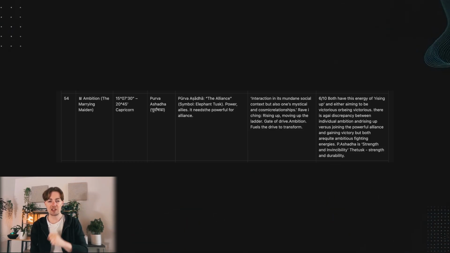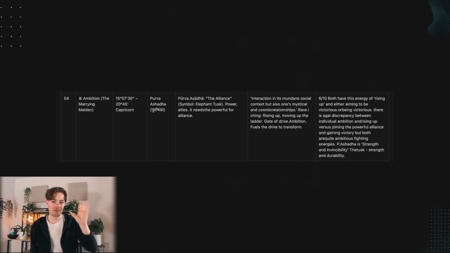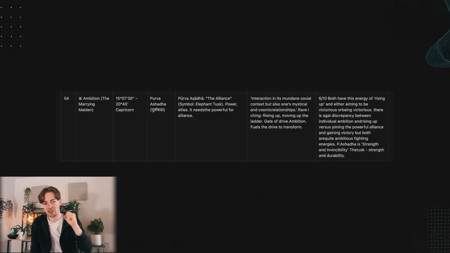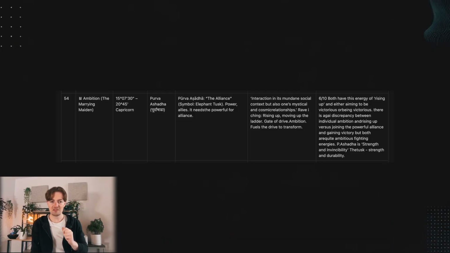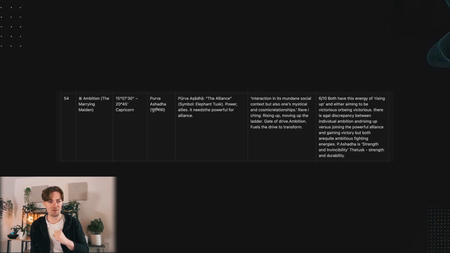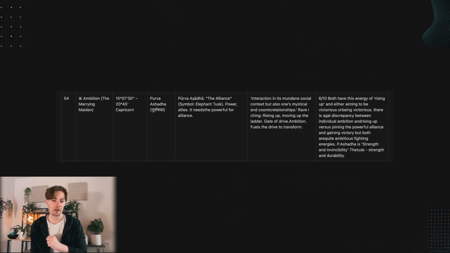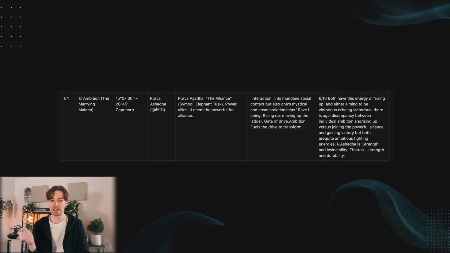So I think this is a really strong archetypal match between the I Ching, the human design gate of ambition, landing in Purva Ashada. Now, Capricorn, it's solid, it's Saturn ruled, it's an earth sign. It's associated with ambition. Capricorn is often associated with government and the corporate ladder, ruled by Saturn, that very hardworking, slightly less aggressive, but still very gritty and hardworking planet. So all three kind of line up here. So I'm giving that a 6 out of 10.